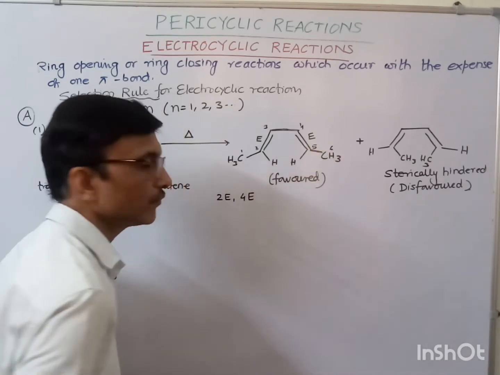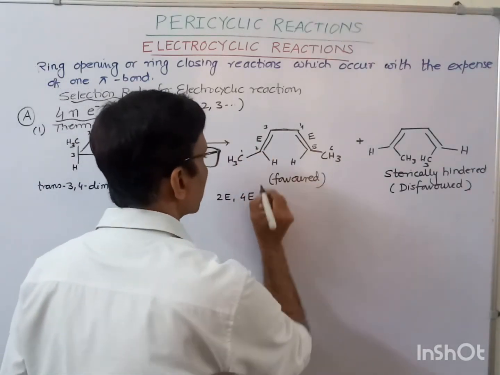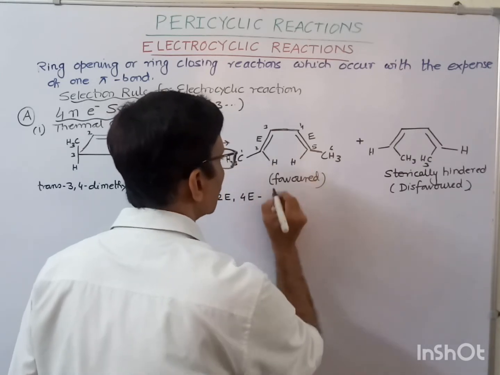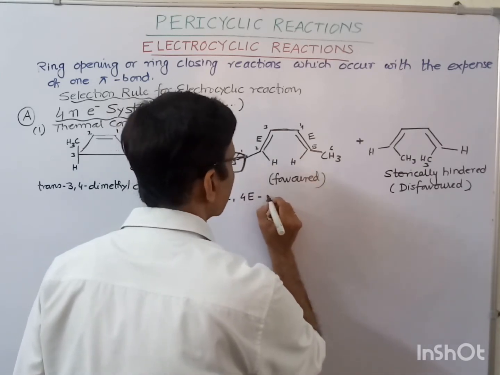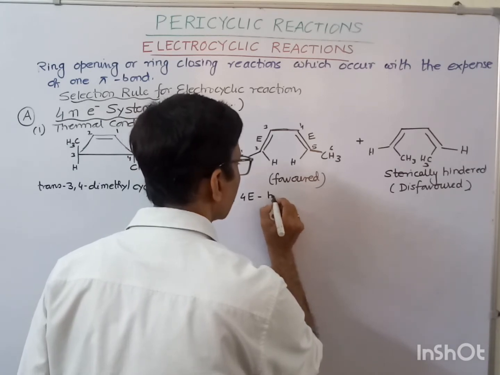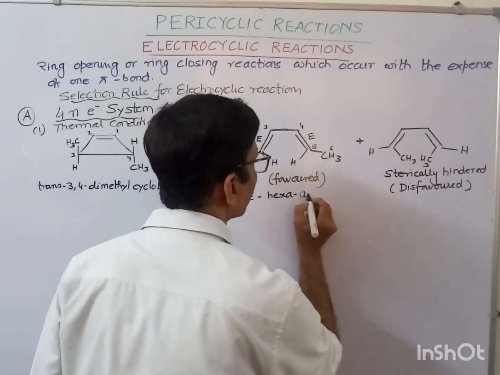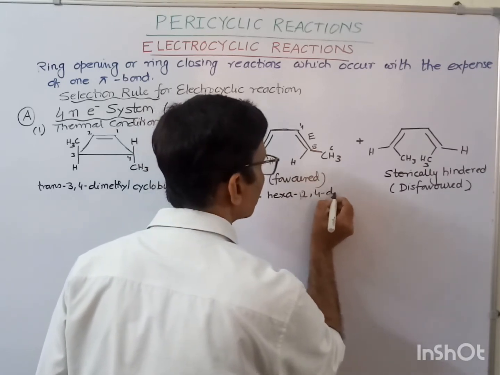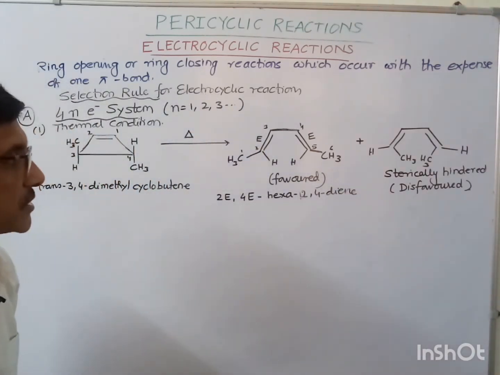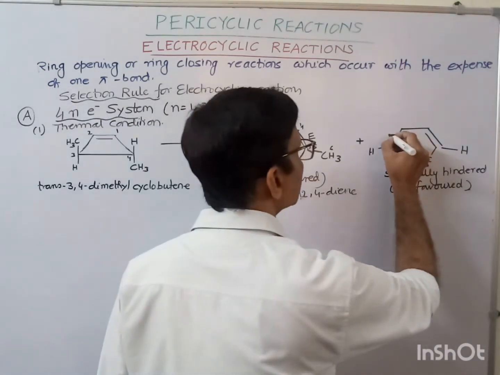This is 2E, 4E-hexa-2,4-diene, and here this is Z.